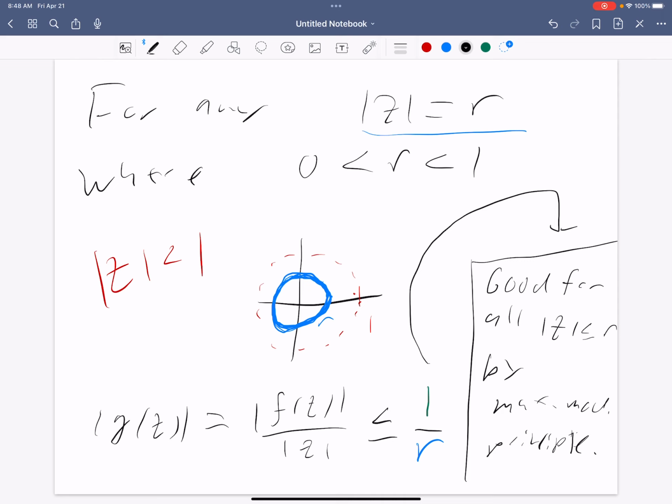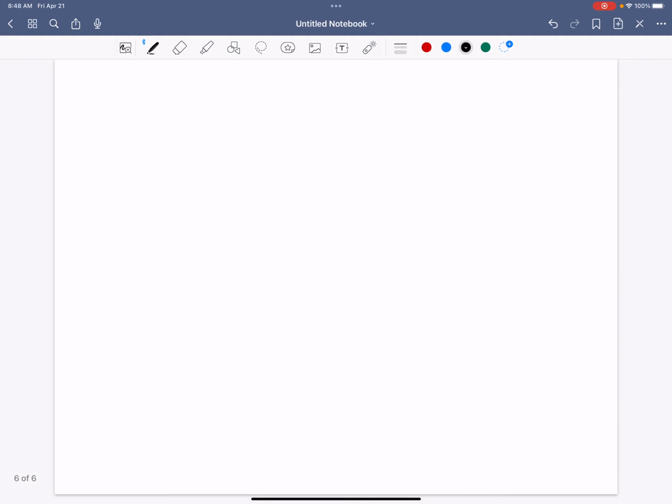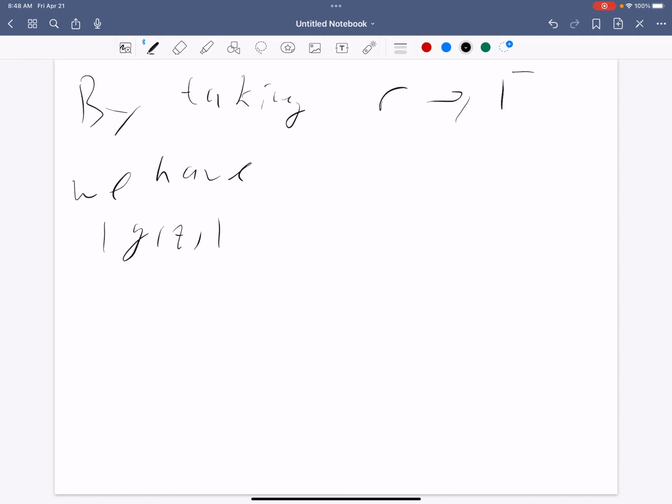So because of this, we know that g of z is less than or equal to 1 over r, and that's good for all z with modulus less than or equal to r, not just equal to r. So by taking a limit, with r going to 1, and if you want to be really precise, it's coming in from the left, we must have that g of z is also less than or equal to 1 for all z strictly less than 1.